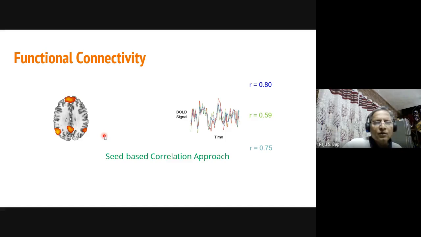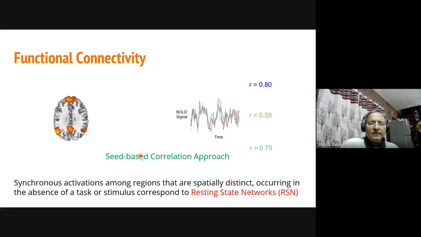Blue is low correlation. Now, people have studied this, and this seed-based approach is not the only approach to get resting state functional connectivity.